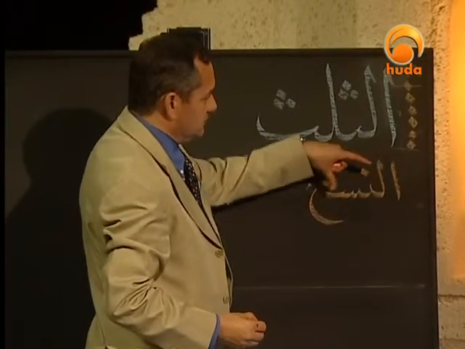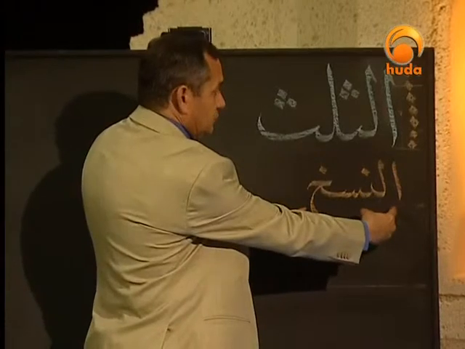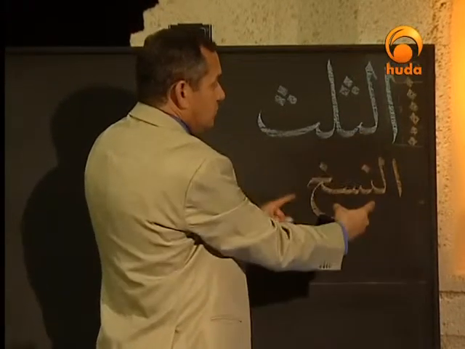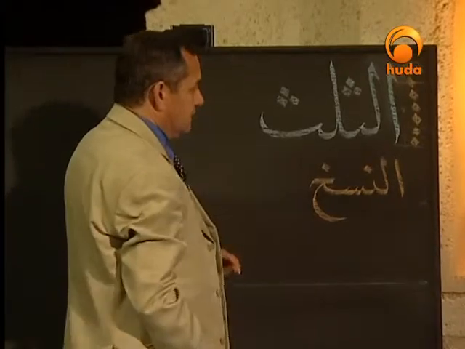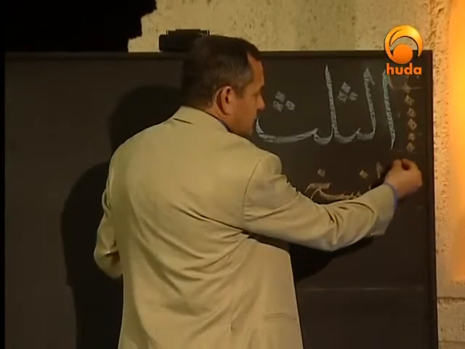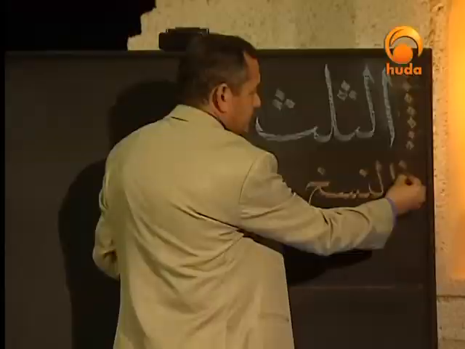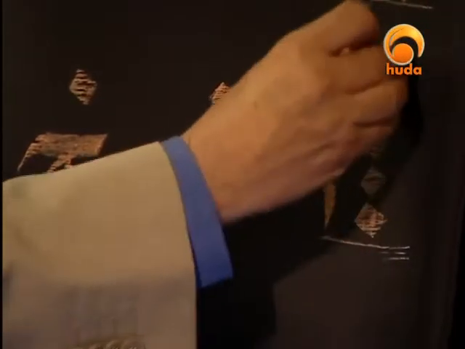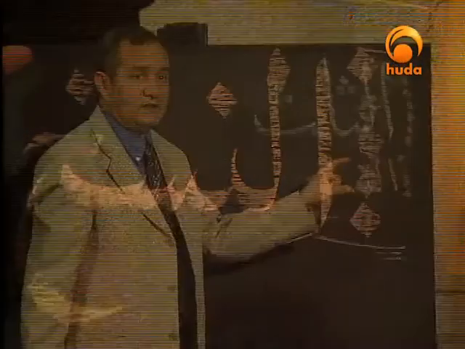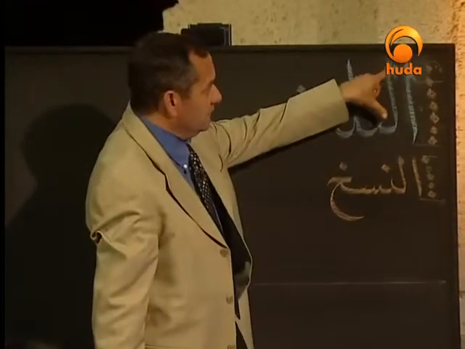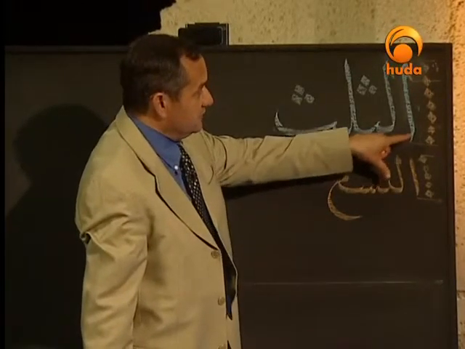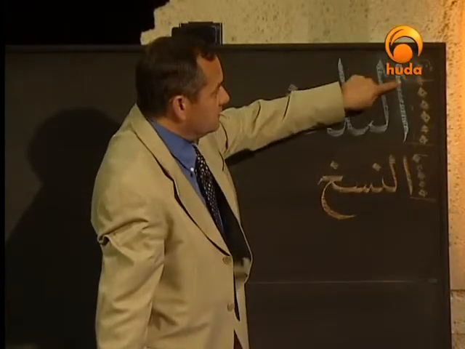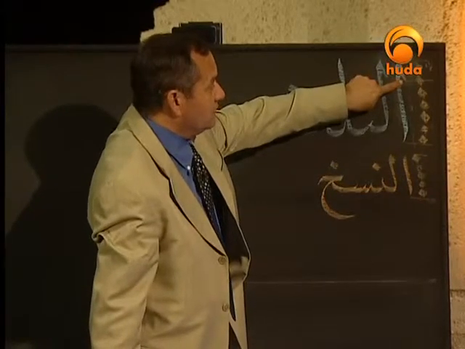The height is short. The width of the writing is also short because the measurements here are more than here. So how many dots are here, Doctor? Here in Al-Nasakh is actually about 5 dots. 1, 2, 3, 4, and 5. From here to here. The height of alif in Al-Nasakh is 5 dots, and the height of Thuluth is 7 dots. From here to here, they call zulf, 1.5 dot.